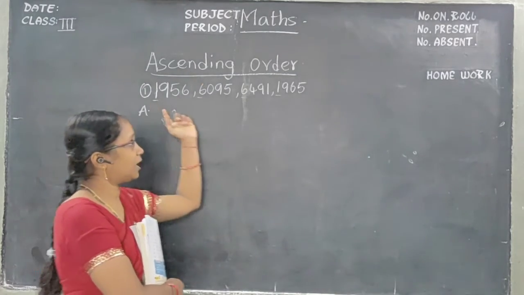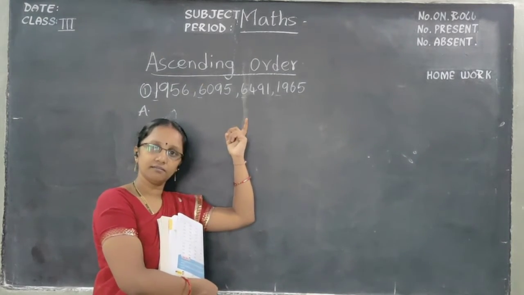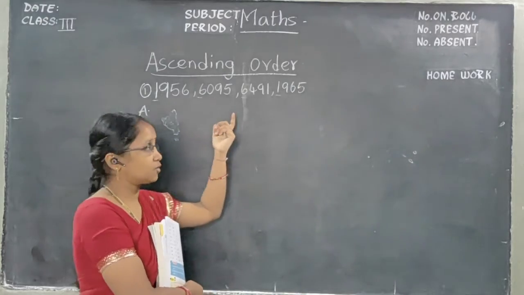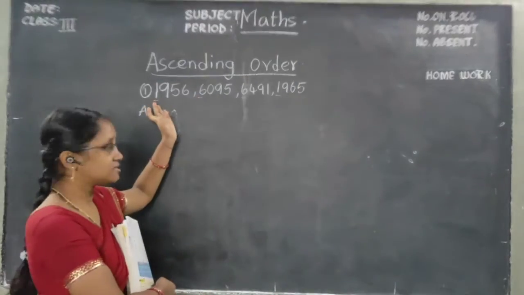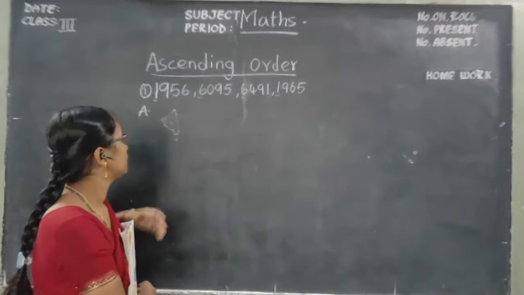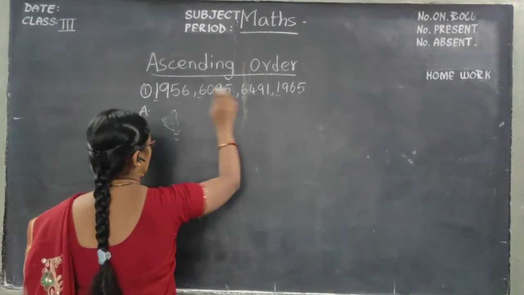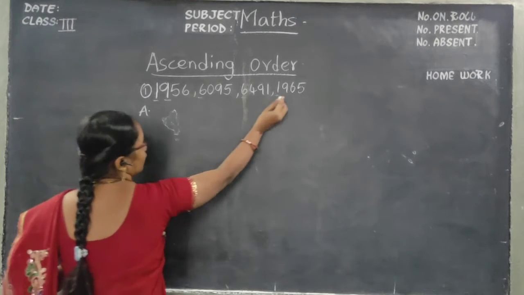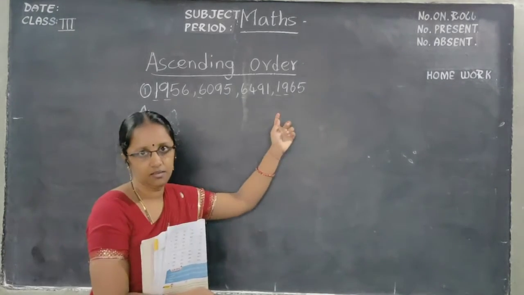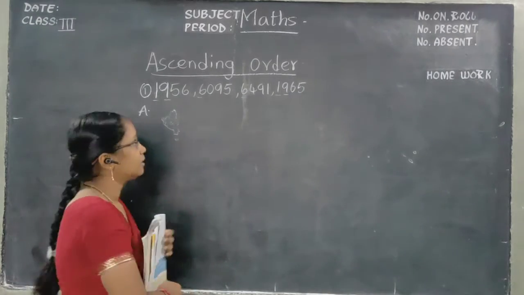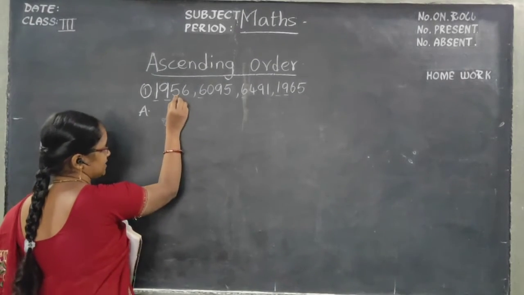So in this, is 6 big or is 1 big? Yes, 6 is big. So we want the small number because we are doing ascending order. So which is the small number? 1. In this both, now we are going to see the second number, in hundreds place. What is the number in hundreds place? 9. Again both are same. Now we are going to see the tens place.